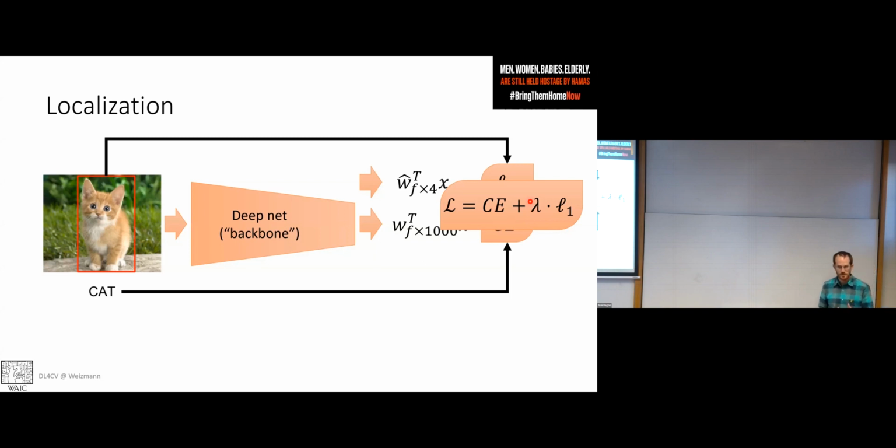If you come from physics, then you know that you can't just take cross entropy, which measures bits, with L1 loss, which measures pixels, and put them together. So this lambda actually needs to convert between pixels and bits. But usually you just put a number there. Now that we have a scalar loss, we can take the derivative with respect to this joint loss, which is a weighted sum of the two loss terms that we have.